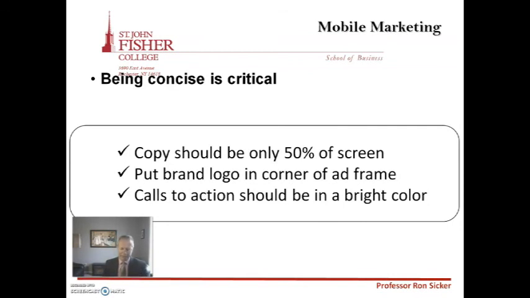So your copy, and we talked a lot about this when we did creatives back in Marketing 325, your creatives should be, especially if you're going to go social media, mostly visual with just a little bit of text content. Brand logo should be prominent, but not the majority of the image.